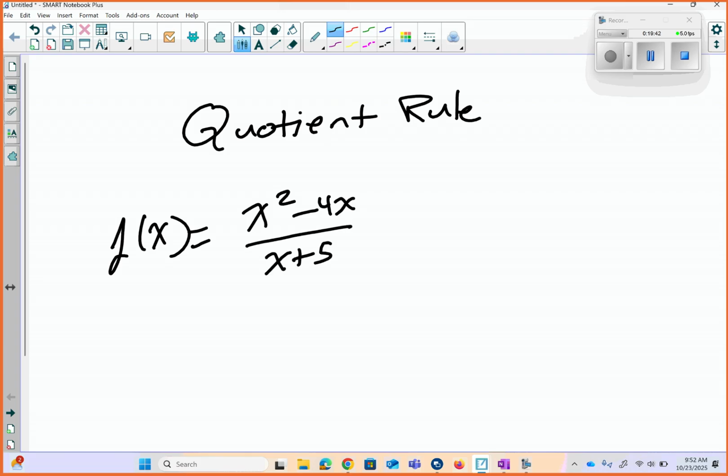It's called the quotient rule because you have a fraction, and your fraction has a variable on the top and on the bottom.